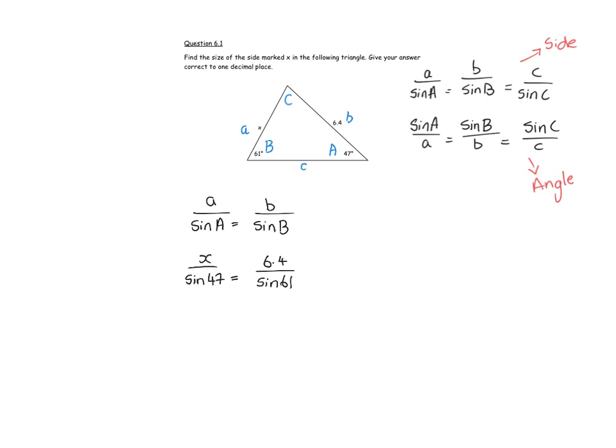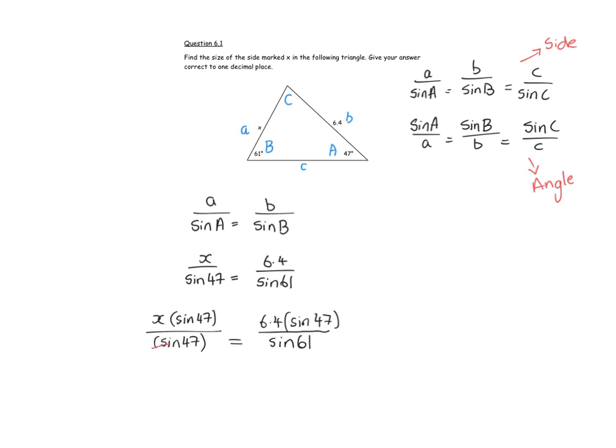Next, I want to get the X by itself, so I'm going to multiply both sides by sine 47. So this will become X times sine 47 over the sine of 47 is equal to 6.4 times the sine of 47, all divided by the sine of 61.